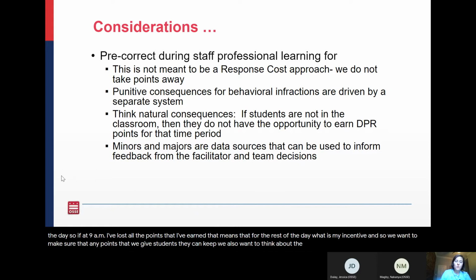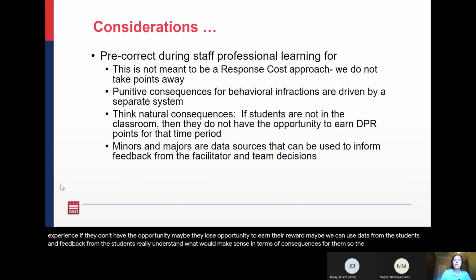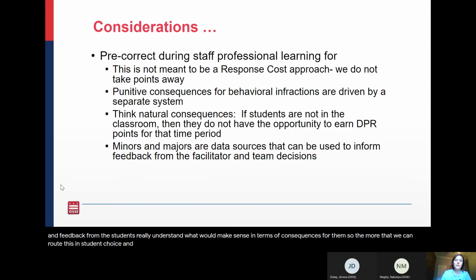We also want to think about the natural consequences that students might experience if they don't have the opportunity. Maybe they lose the opportunity to earn their reward. Maybe we can use data from the students and feedback from the students to really understand what would make sense in terms of consequences for them. So the more that we can root this in student choice and voice, the better off we are going to be.